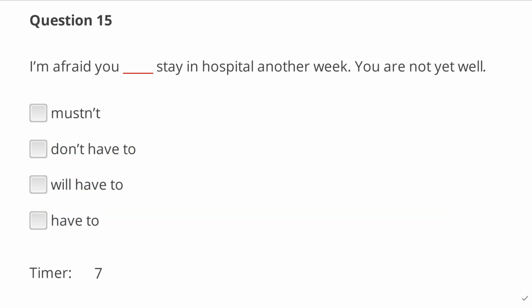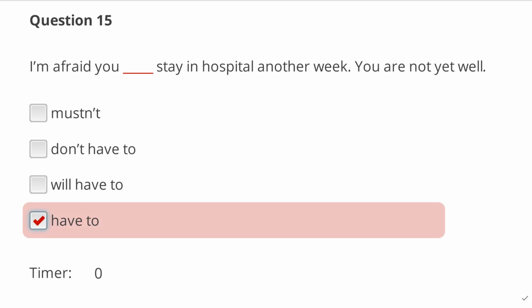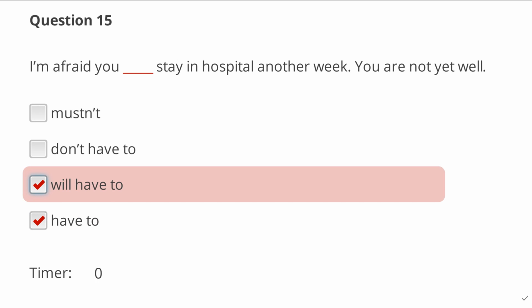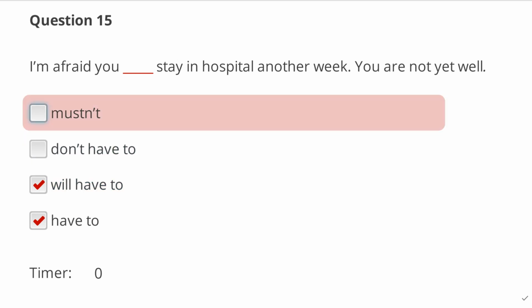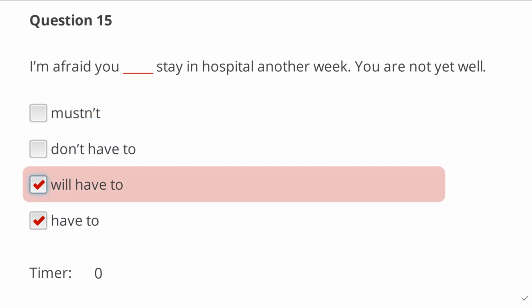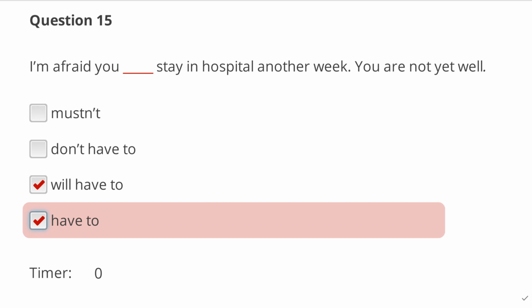Pause the video if you have to. So in this case, the correct answer will be have to and will have to. Don't have to means that it's not necessary, but that's not the case. And mustn't is forbidding something. Again, it's not the case. So will have to can refer to the future. Have to is present. They're both okay.